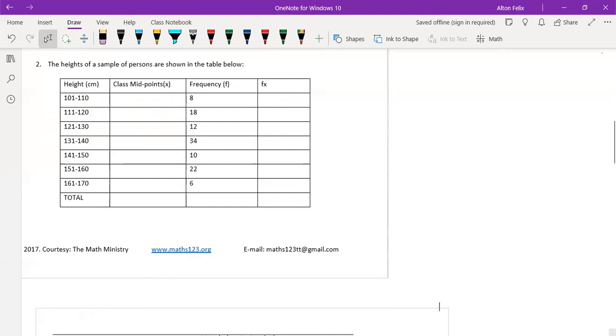Remember how to find the midpoint? You would take your class limits, add them together, and divide by 2. What are our class limits? So let's see, in the first class here, 101 to 110, those two figures represent our lower class limit and our upper class limit. So let's add them together. 101 plus 110.